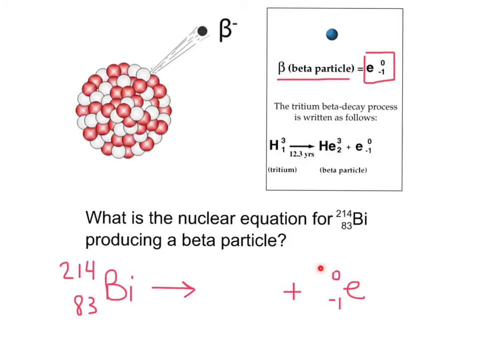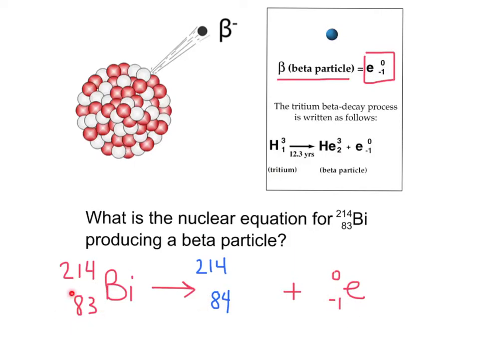We know that the mass will have to be 214, because 214 plus 0 on the right side gives us 214 on the left side. And we know that the number of protons on the right side needs to be 84, because 84 minus 1 gives 83.